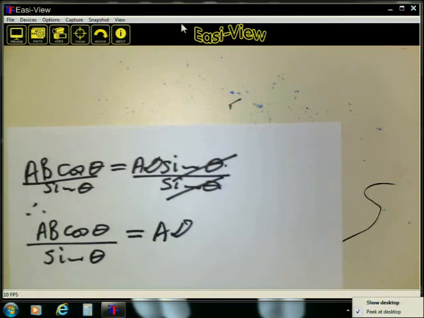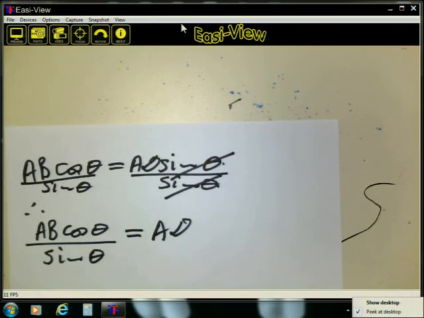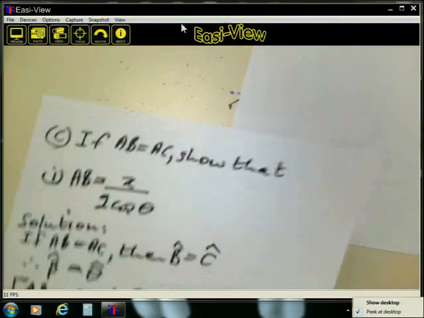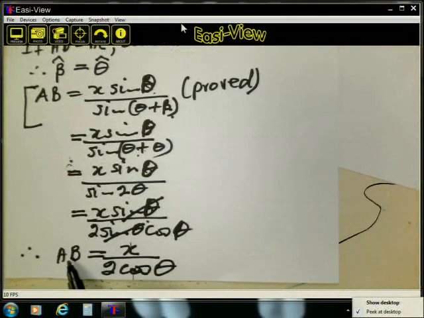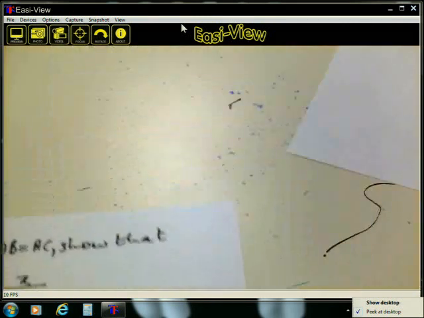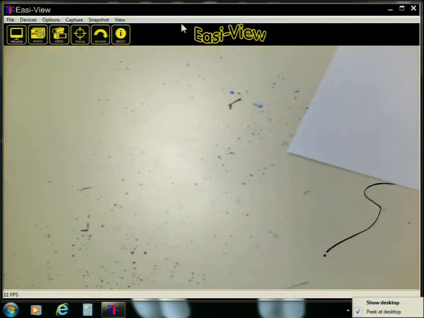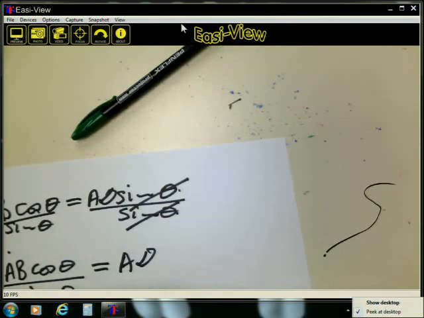But let's go back. We were required to prove, and we did prove that AB is equal to x over 2 cos theta. So we substitute it here. Instead of AB, we have x over 2 cos theta, but we still have to multiply it by cos theta.